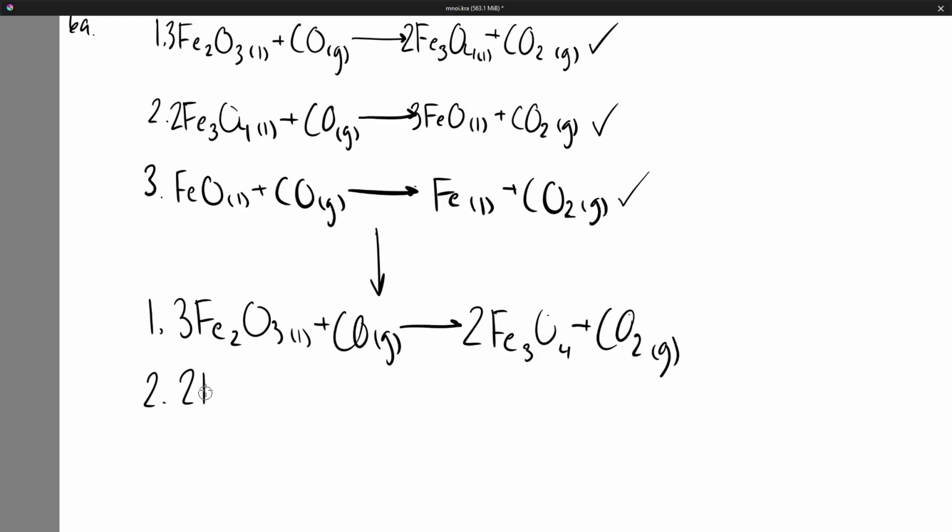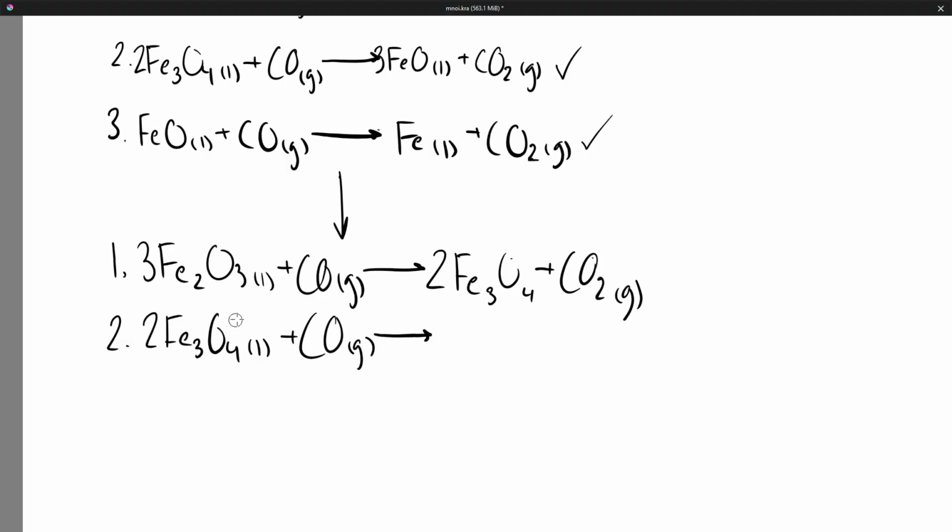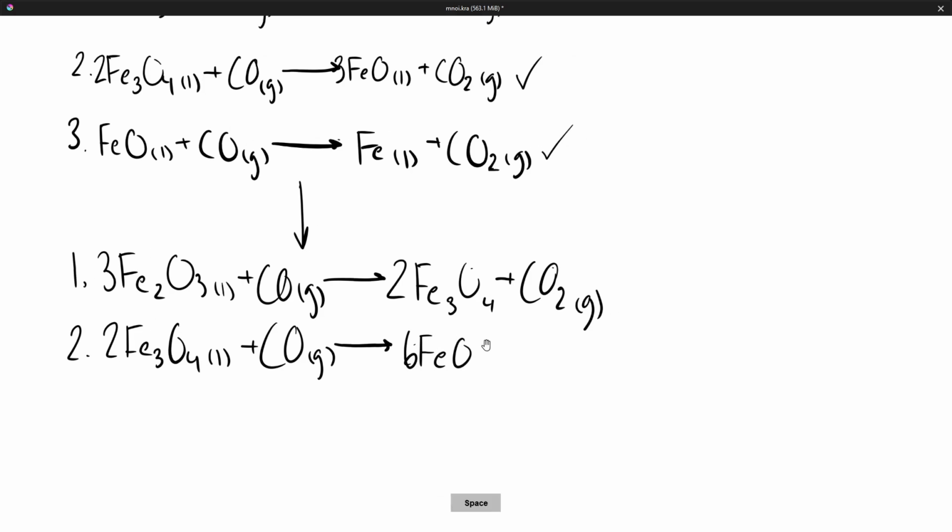So now there's 2 Fe3O4s, which means we want to balance out this right side to match that. So there's 6 iron here, which means we want to put 6 FeOs here.